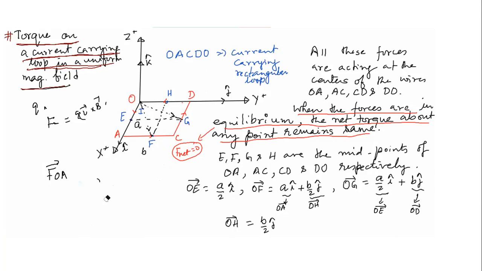And since the net force on the current carrying loop is zero, as we already found, this means the forces are in equilibrium. The force on this arm is cancelled by this, and the force on this will be cancelled by this.